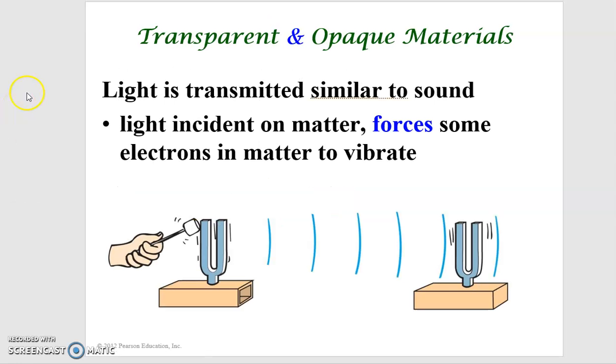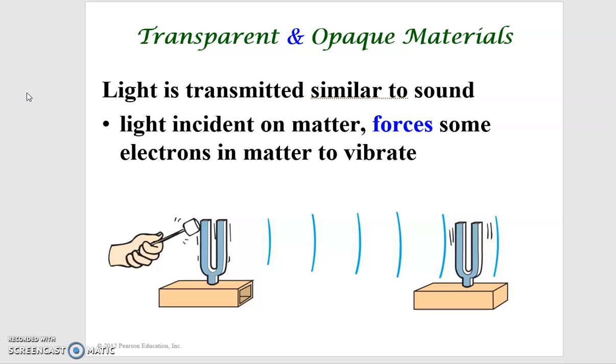And finally, let's talk about the property of the materials. The interaction between the light and the material is very similar to the sound wave in the material. First, the light will hit the matter, and matter is made of a bunch of particles.